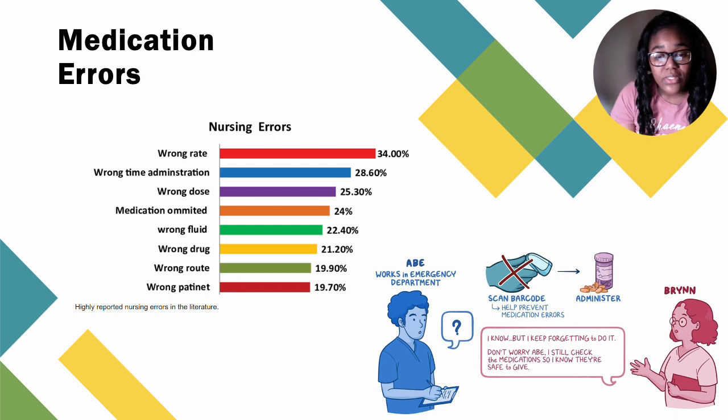So as you can see, when we don't follow that, and when we don't check, when we don't do our two-person identifier, even name and date of birth, make sure we're scanning, make sure that we have the appropriate administration. I mean, even if we scan, sometimes you have to look at the medicine and make sure it is the actual right dose. So you have to look at those things, because there have been errors, even per the pharmacist, that either put the wrong label on the medication or the wrong concentration of the medication, all kinds of things.